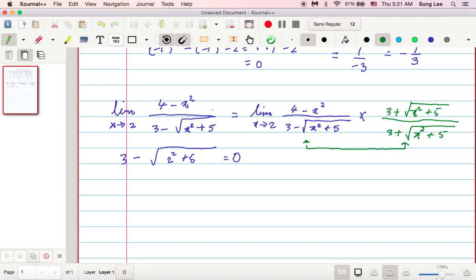As you may recall, these two are called conjugates of each other.